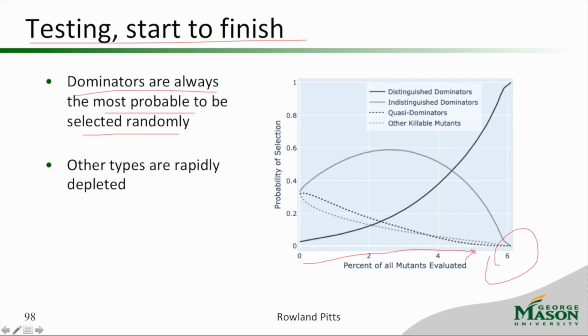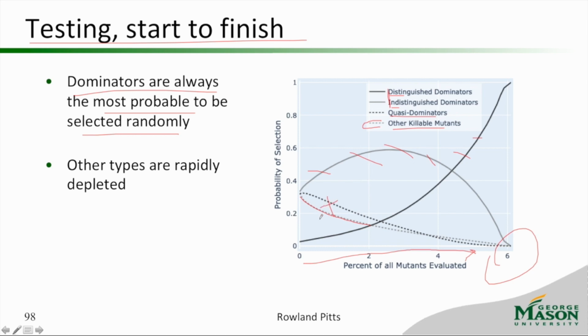You can see here we've got distinguished dominators, indistinguished, and these are the proper traditional dominators, quasi-dominators, and then other killable mutants. So you look at the other killable mutants, they are down here at the bottom. So at virtually every point through the process of testing, dominators or quasi-dominators are the most likely to be selected.